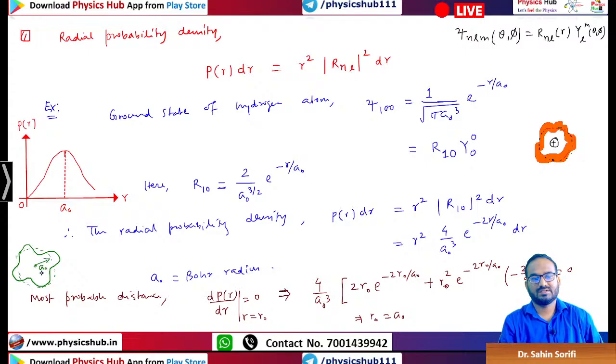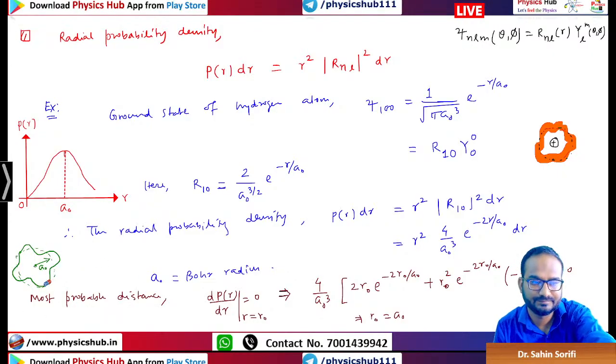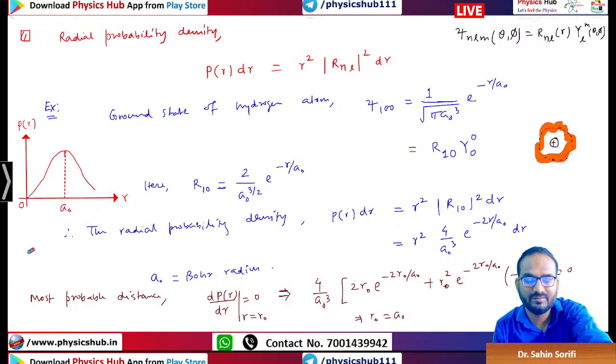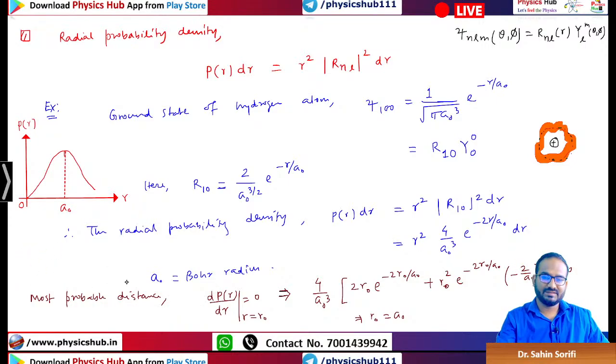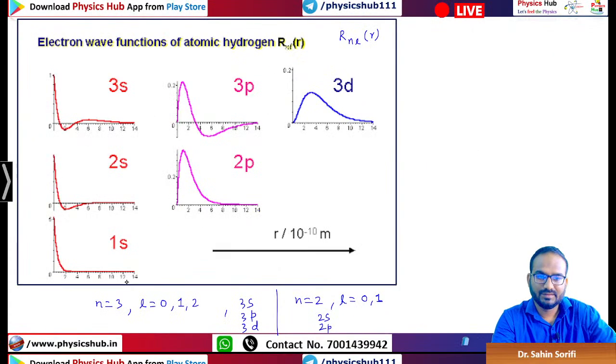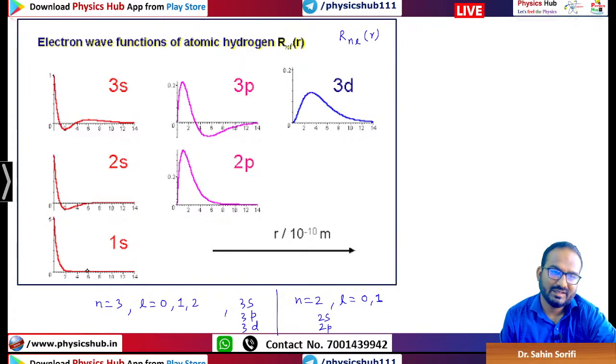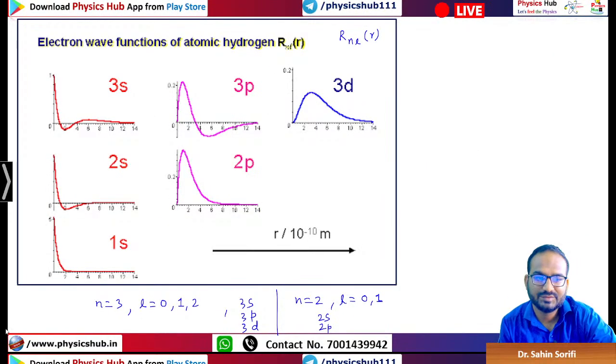This is a naught, let's say, in this way. Where the probability of being is maximum, that is the distance. This one is 1s: if you take n equals 1, then only L equals 0 is there, so that is how you get 1s.